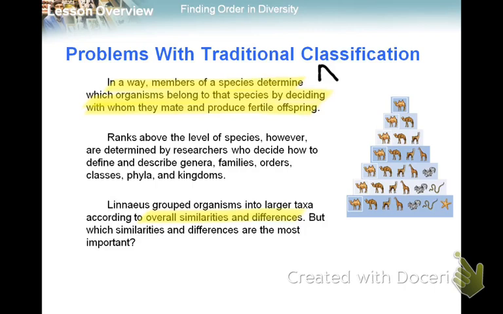So this is actually what's called a natural classification, because it actually comes from nature. After that, it's pretty arbitrary. Researchers are studying camels, for instance, and looking at the similarities and differences between species and grouping them together in that way.